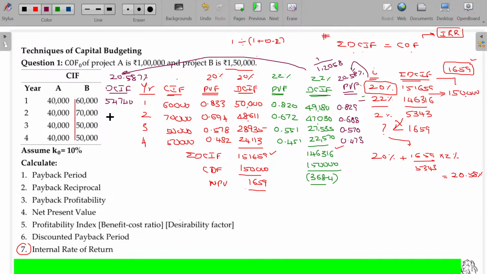The next one being 40,480? 48,160. What is the next one? 28,500. The last one? 23,650.